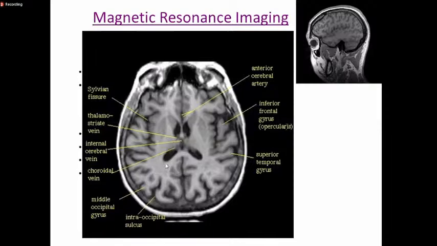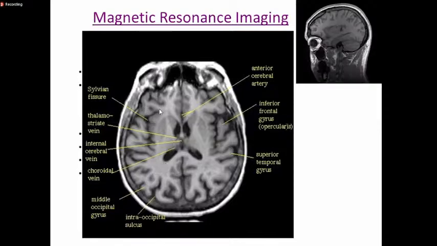So that whenever there is a lesion, you can differentiate the gray matter from the white matter. The ventricles, the blood vessels, you can be able to pick all those details. So it's a very good modality.